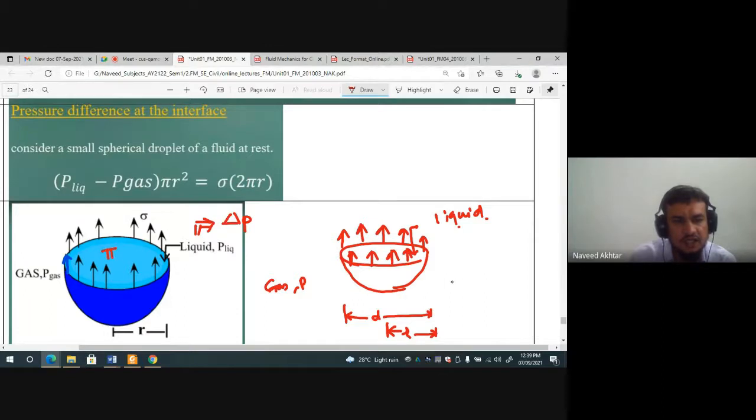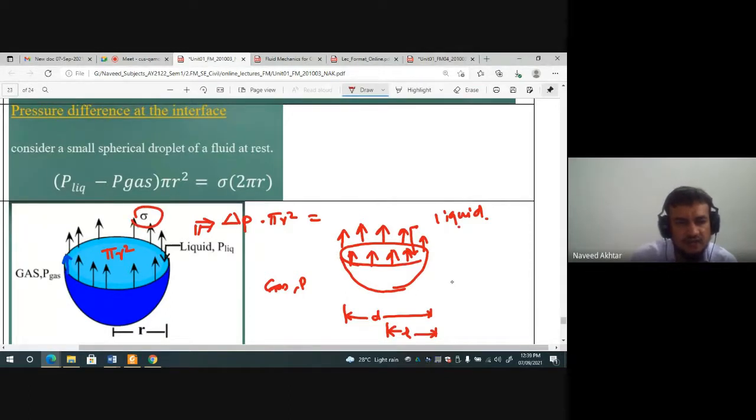Area is nothing but pi r square, the area of the circle. So delta P into pi r square is equal to the surface tension, that is sigma.